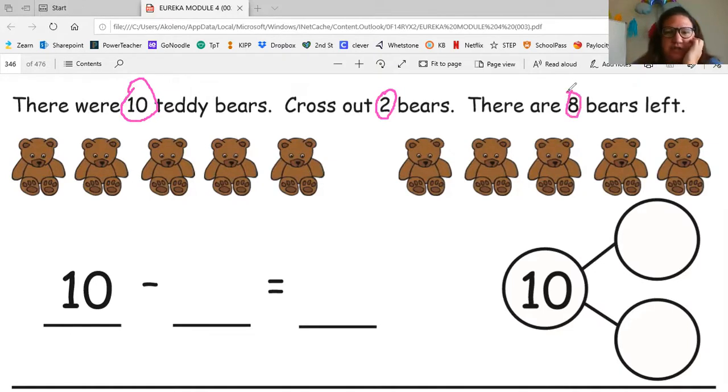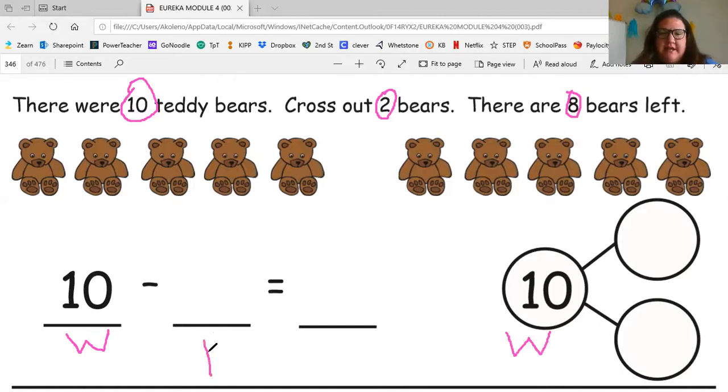Okay, so now our job is to show how many there are in each part of our number bond and our number story. So we already know 10 is the what? The whole number. So we know 10 is the whole number in our number story or number sentence. And we know 10 is the whole in the number bond.